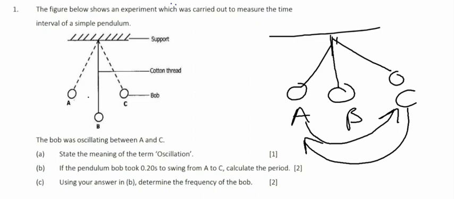Part B is saying if the pendulum bulb took 0.20 seconds to swing from A to C, calculate the period of the pendulum. So here we need to calculate the period, also known as the period of the pendulum.